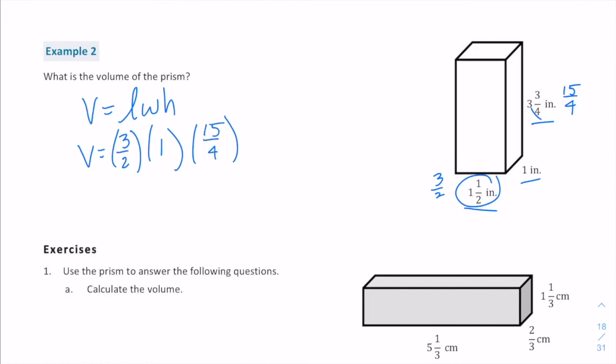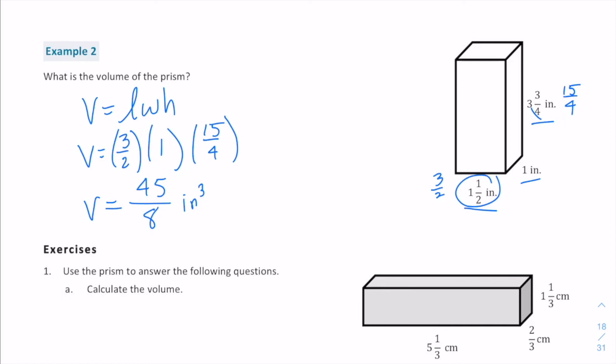Okay, I wish there was some great cancellation we could do here, but there's really not. So the denominator is 2 times 4, so on the bottom we have 8, and on the top we have 45. For my purposes, I'm fine with 45/8 inches cubed, but if this is a multiple choice test and we needed to pick the correct answer here, we could go ahead and figure out how many times 8 goes into 45.